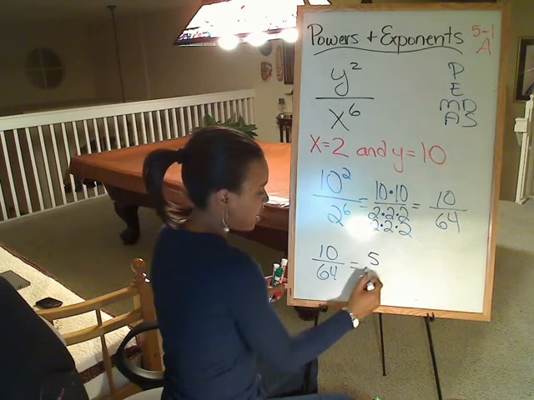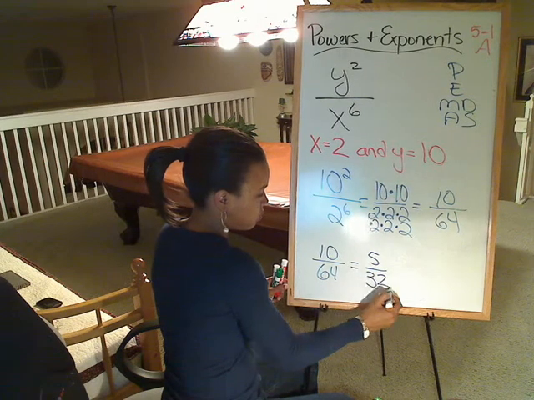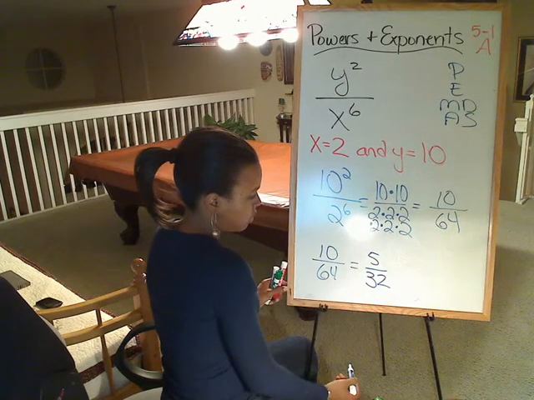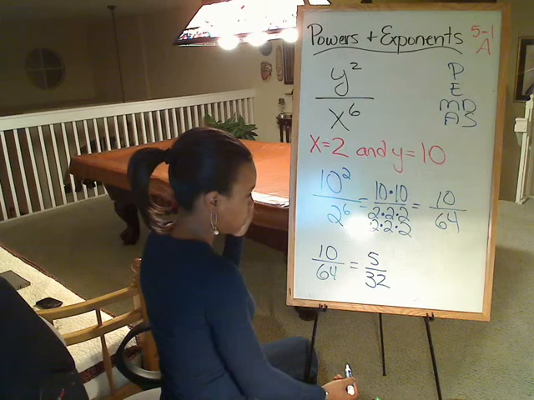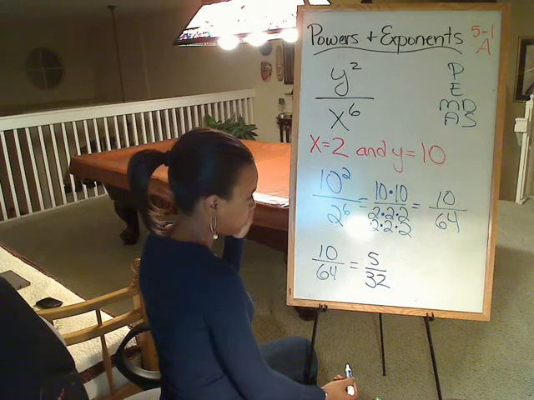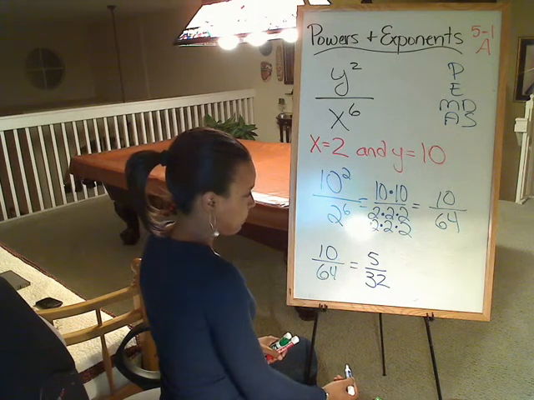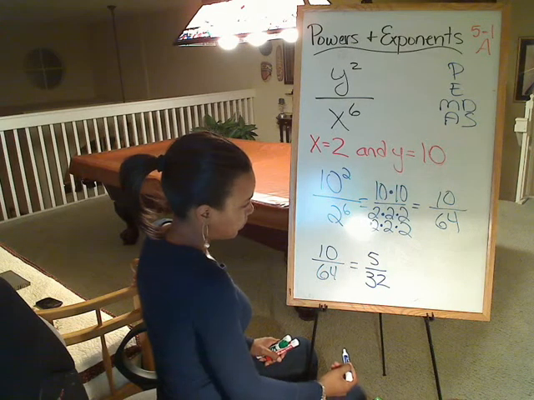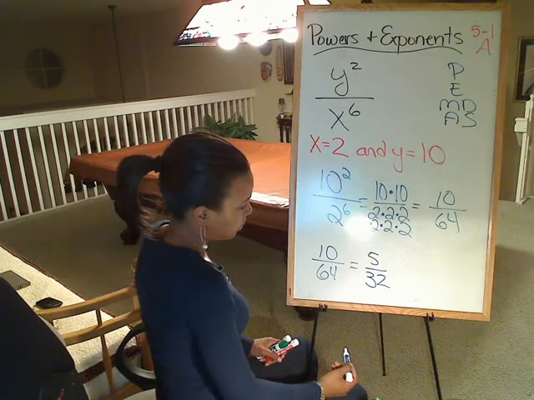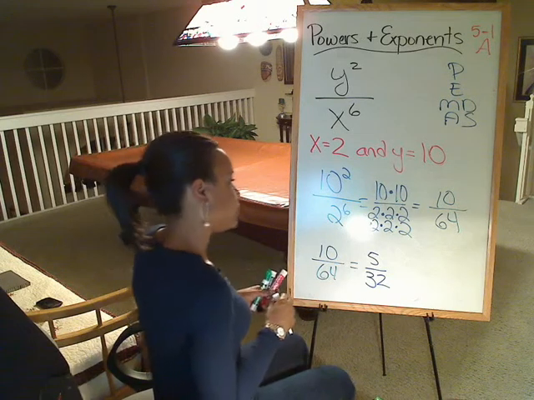And we get 5 over 32. Okay? Just making sure that's completely simplified. Yeah. Okay.